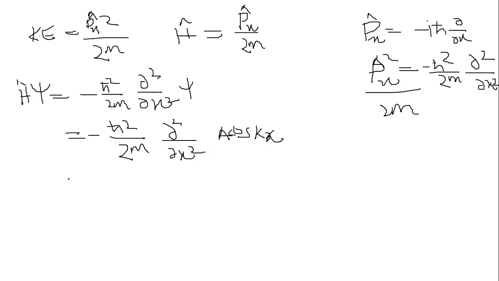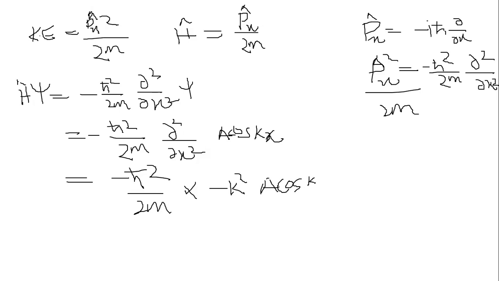When we take the derivative of cos kx, it is minus k sin kx, so the derivative of A cos kx will be minus A k sin kx. Then if we take the derivative once again, it will become cos again, so it will be minus h cross square by 2m into minus k square A cos kx, because of the kx in the argument.